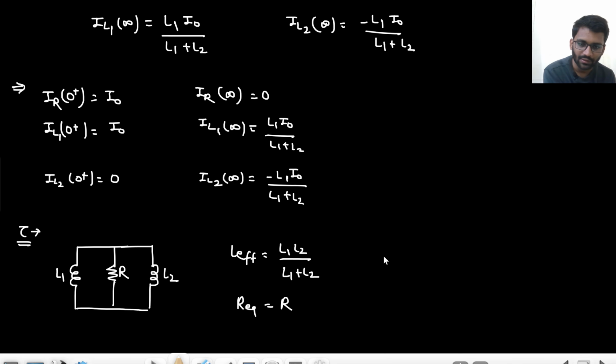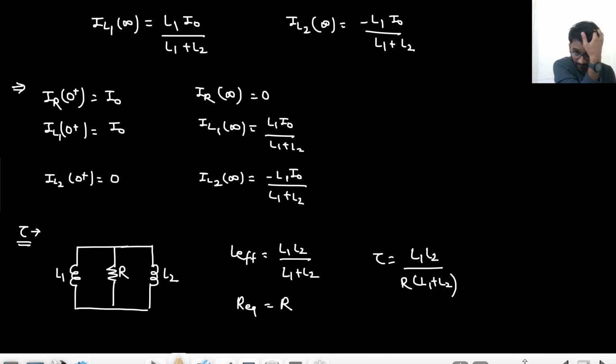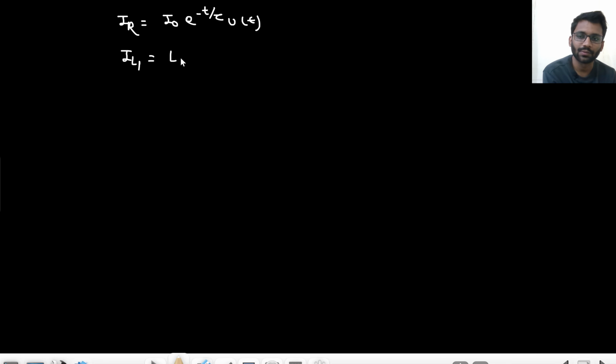That is R only. What is time constant? L by R. Okay, this is the time constant. Now you can write down the equation for IR, going from I naught to 0. IL1 going from, this is the infinity value, and starting from 0.